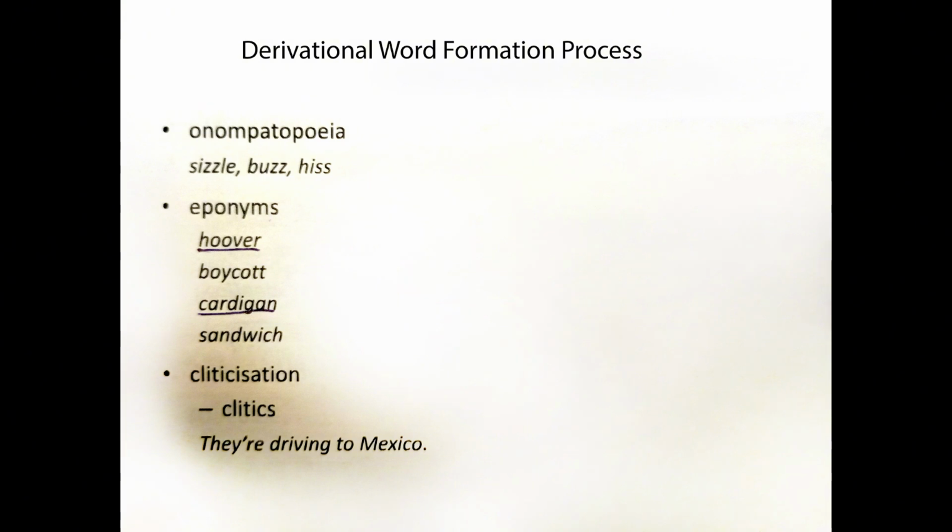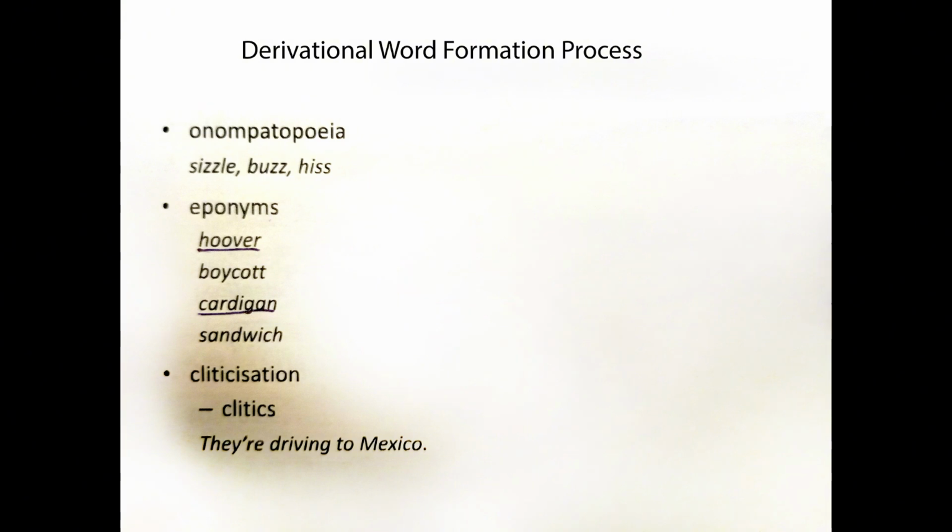And let's look at eponyms. Well, by definition, it means that the newly formed word is derived from, for example, people's names. What do I mean by that?